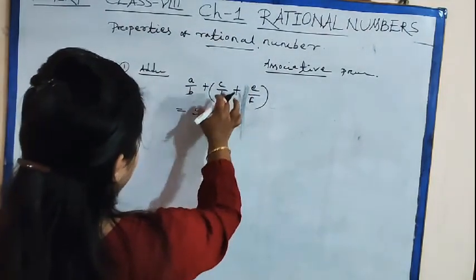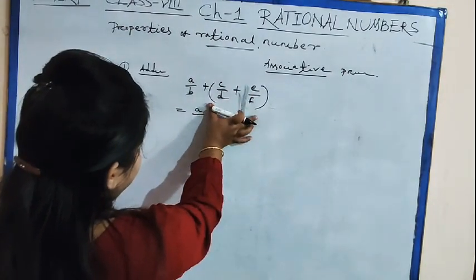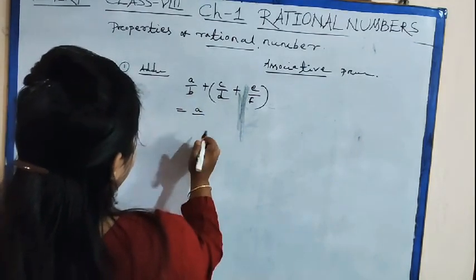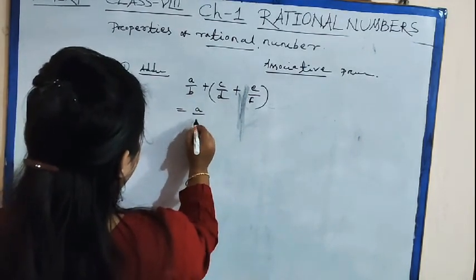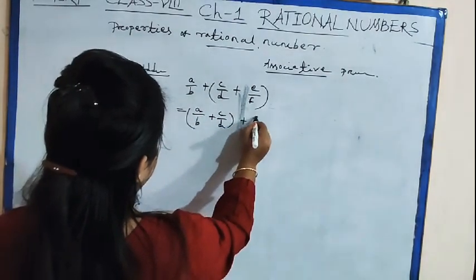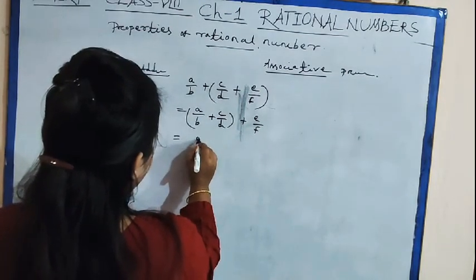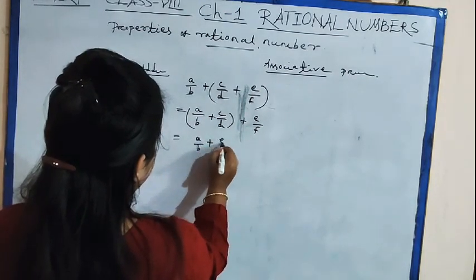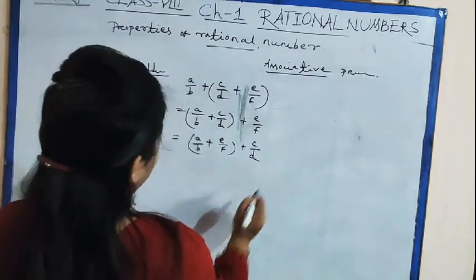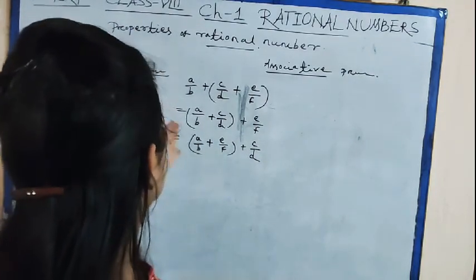Suppose A by B plus C by D plus E by F, and C by D and E by F will make one group, and the other one is A by B. Okay, then make another group: A by B plus C by D plus E by F is equal to A by B plus E by F plus C by D. Okay, so your task is you check.